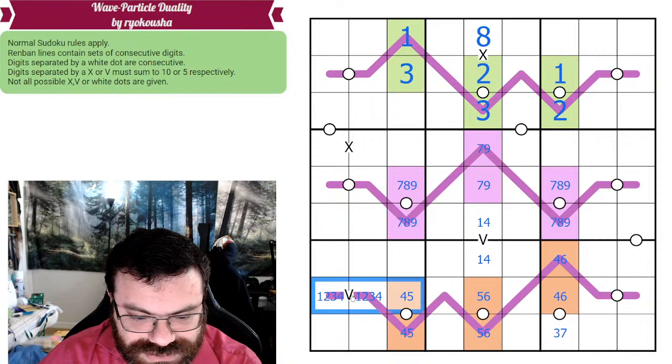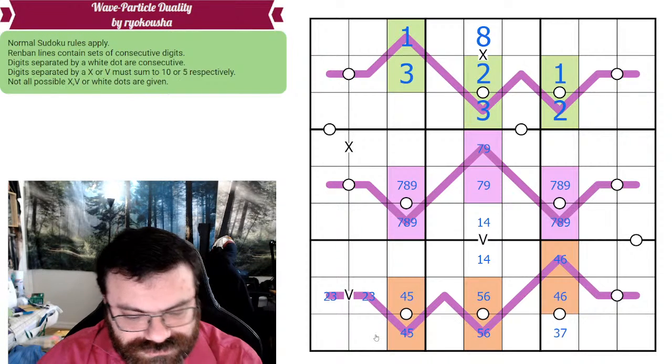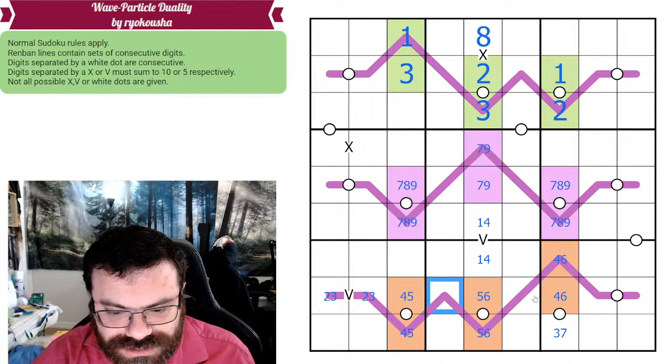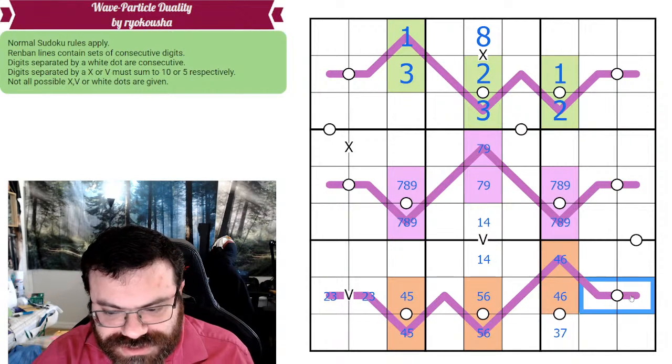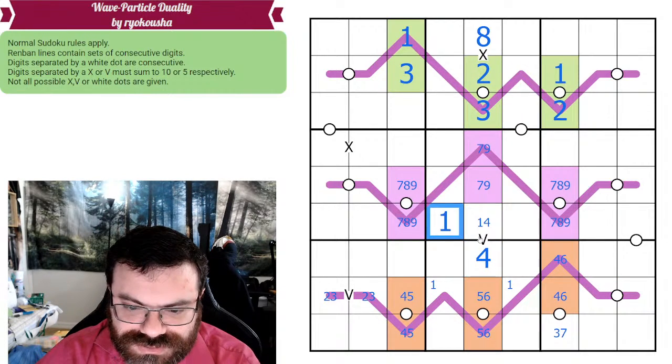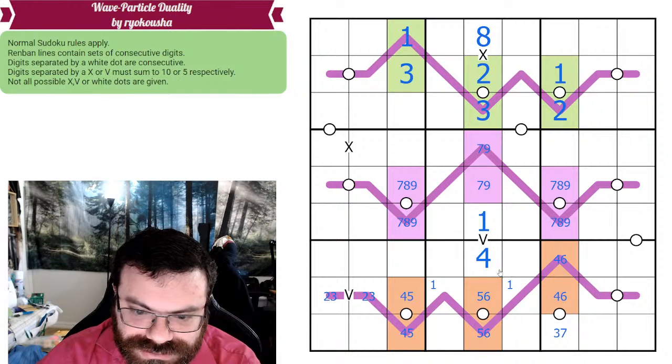Four, 5, 6. Yeah, this is 2, 3. So actually, the one in the row can't go here because this can't be 1, 2 anymore. So this could never have been 1, 2. So the one in the row is one of these two, which means this is the 4 and this is the 1. Oop, if I can click correctly.